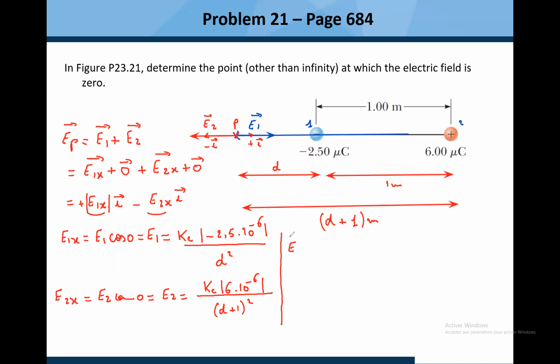EP equal E1x equal k times minus 2.5 times 10 minus 6 over d square in the direction of i, minus E2x equal k times 6 times 10 minus 6 divided by d plus 1 square, i.